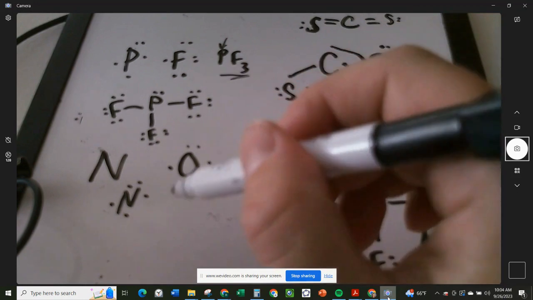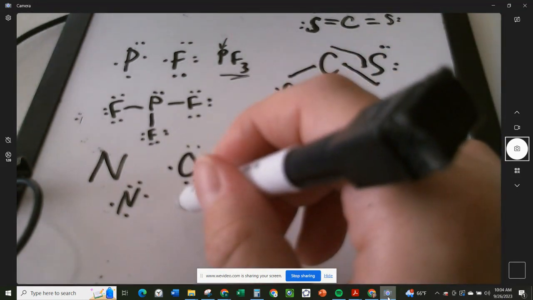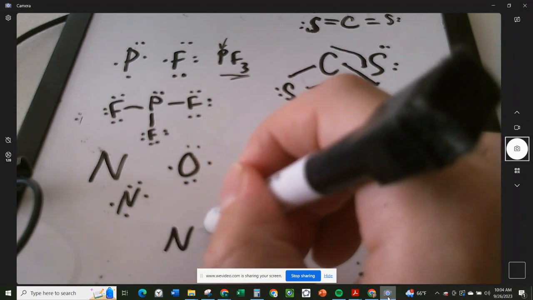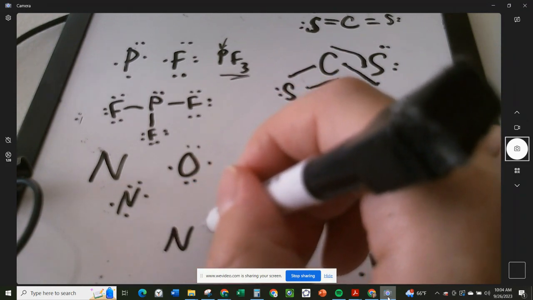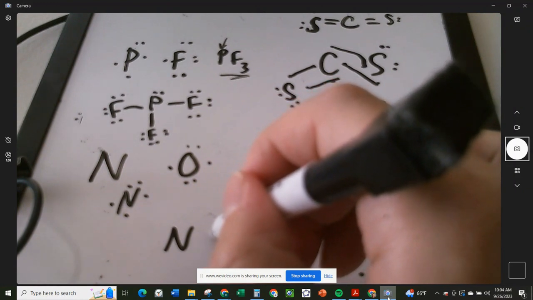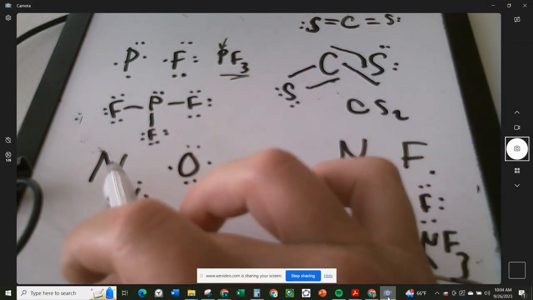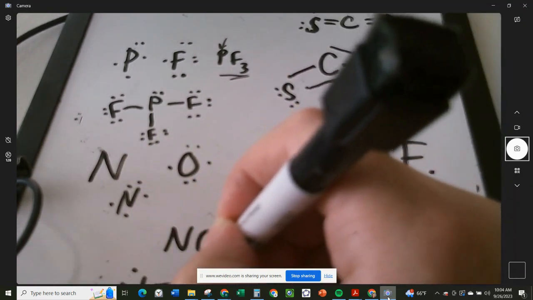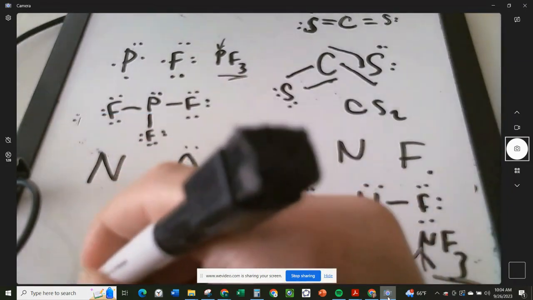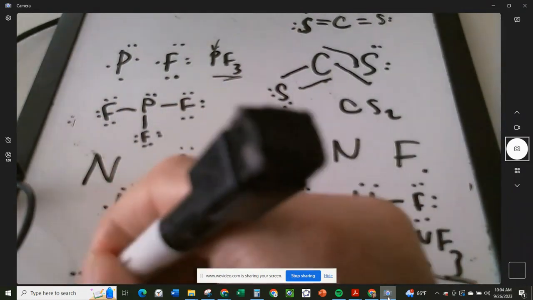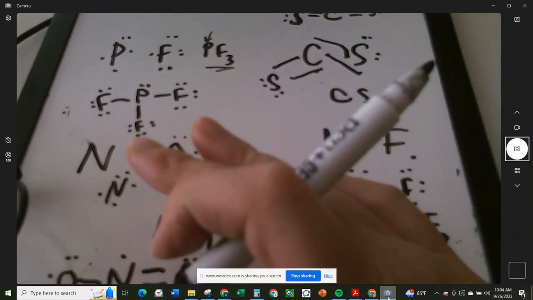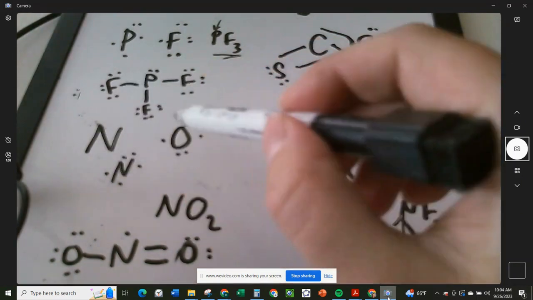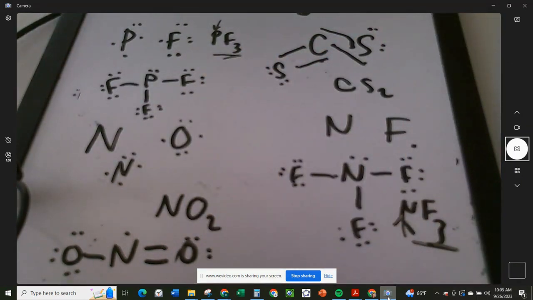So this is another one with an odd number of electrons, where we would probably do NO2, which we looked at before, where nitrogen ends up with a single electron on the top. So this one is tricky because we end up with an odd number of electrons.